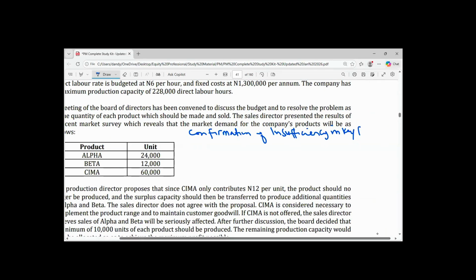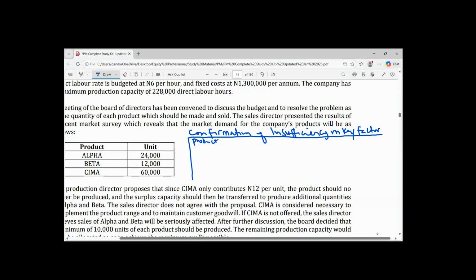In key factor. The key factor is that resource that is limited in supply. It could be labor hour, it could be machine hour, it could be material kilogram. So the first thing, your first column will be the products.